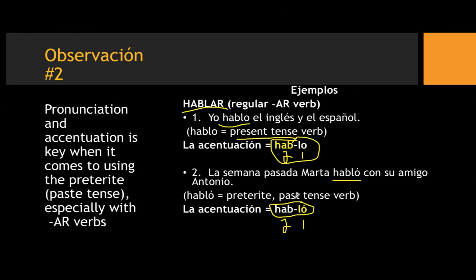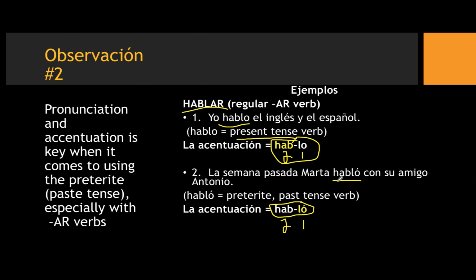Okay, so these are two different things. This is habló and this is hablo. Habló, hablo. So the stress, accentuation, very important. Because why? Because if you're speaking to someone, you're going to confuse the listener. So if you say habló here instead of hablo, or you say hablo instead of habló, then you're going to confuse your listener.